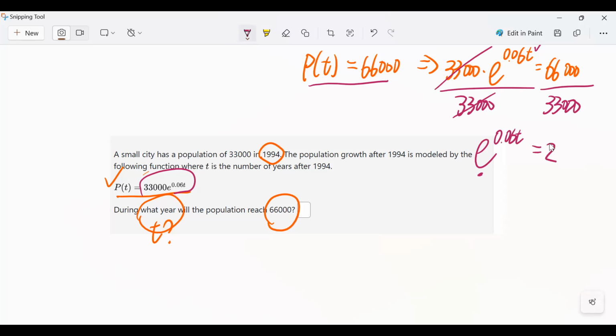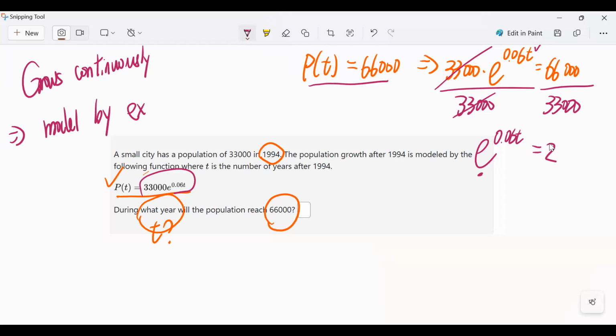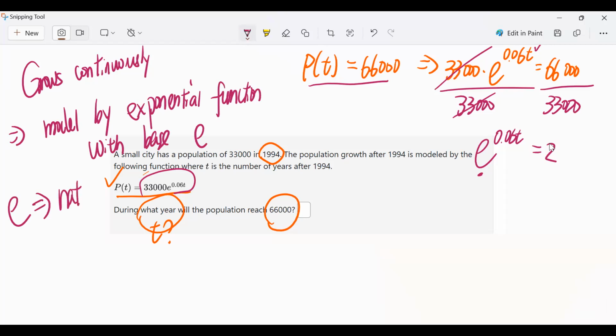Anything that grows continuously, we model by an exponential function with base e. e is also called a natural number.